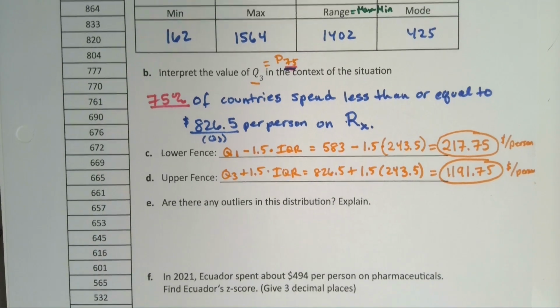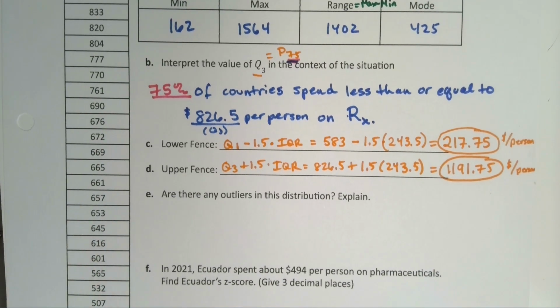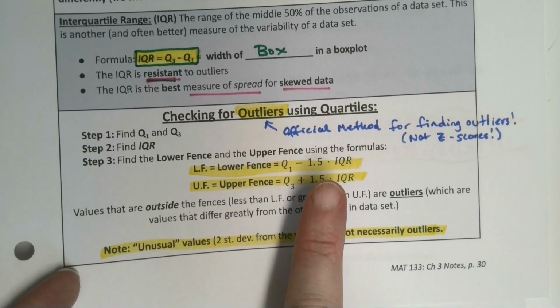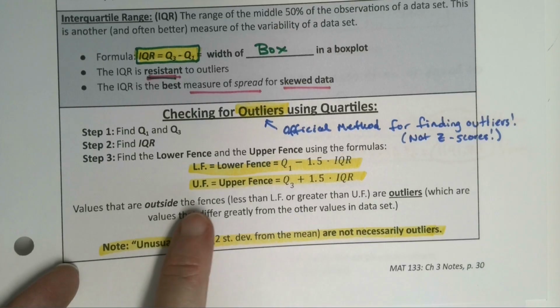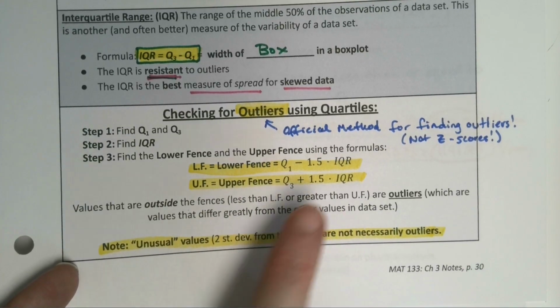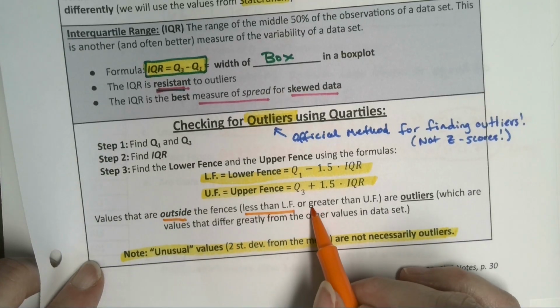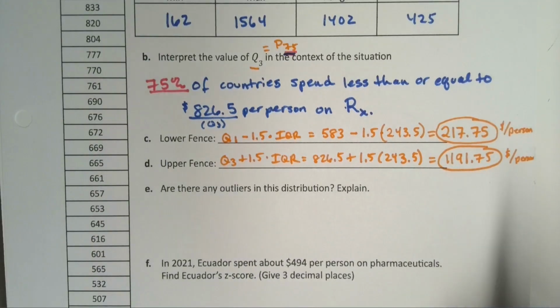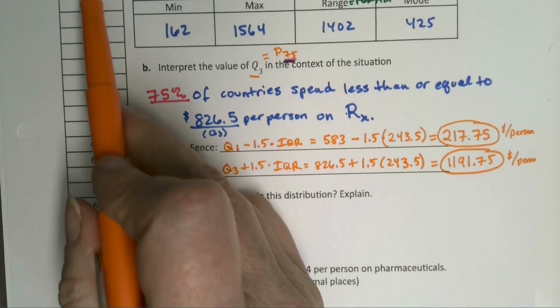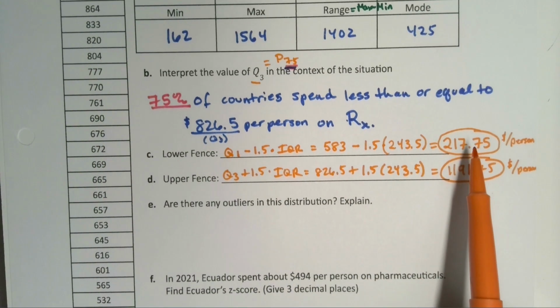Okay. Were there any outliers in this distribution? So remember, outliers are anything that are past those fences. That's the official way to check for outliers. Anything that is outside the fences, less than the lower fence or bigger than the upper fence, right? Okay, so are any values in here below 217.75?